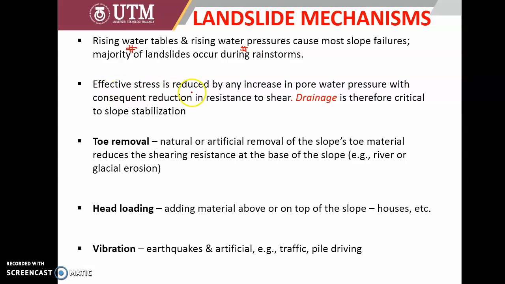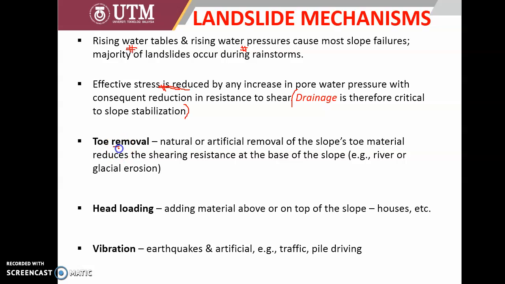When the water table rises and the water pressure rises, the effective stress is reduced. That's why when we design the retaining wall to support the slope, we need to consider drainage, because drainage will avoid the rising of the water table and the water pressure.